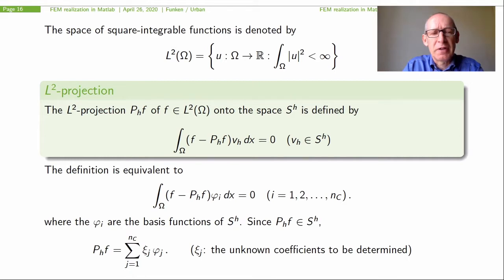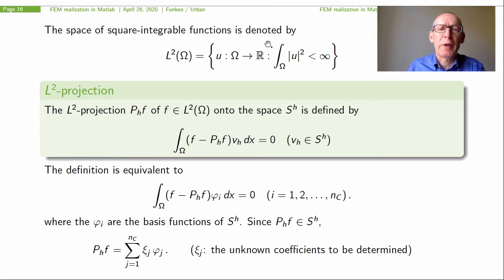But here in the lecture I would illustrate the assembling of the mass matrix and later on the assembling of the stiffness matrix. Therefore, I just focus here on the L2 projection. So for the L2 projection, we need the space of square integrable functions, which is denoted by L2.